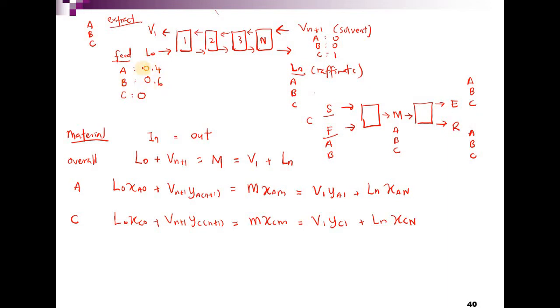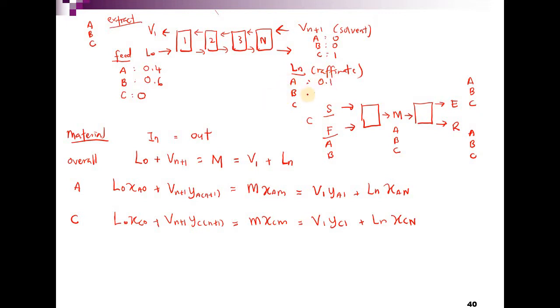I want to get rid of A from B. I want to remove A, so my target is to extract as much A as possible, so that the stream will only be left with 0.1 of A, let's say.